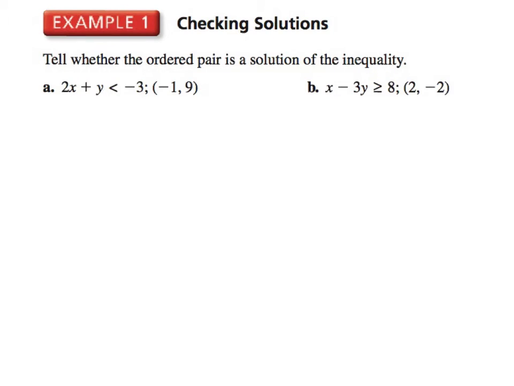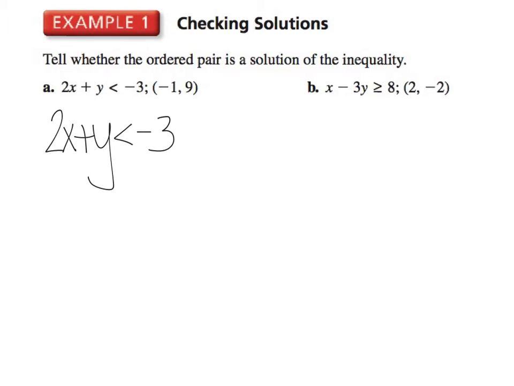A solution of a linear inequality in two variables is an ordered pair that makes it true. Now, these two problems, you can do them on your own, but we're going to start really easy. How do you check to see if an ordered pair is a solution to the inequality? You'll notice in A, we are given the inequality 2x plus y is less than negative 3.